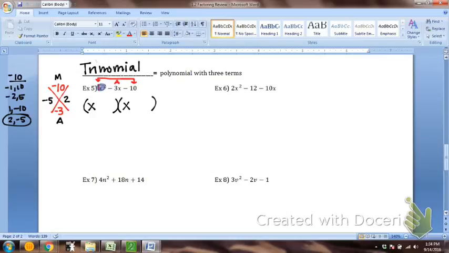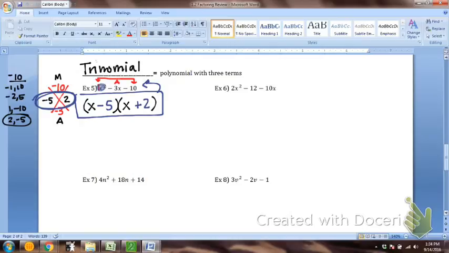And then the two numbers that go in the parentheses are the two numbers that we chose over here. It doesn't matter which one goes where. So I can put a negative 5 and a positive 2. Or you can put the positive 2 and then the negative 5. It doesn't matter. If we were to multiply these back together, we would get this answer. So that would be fully factored. Okay?